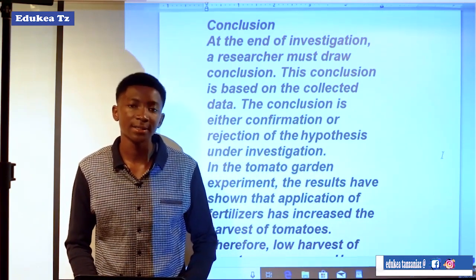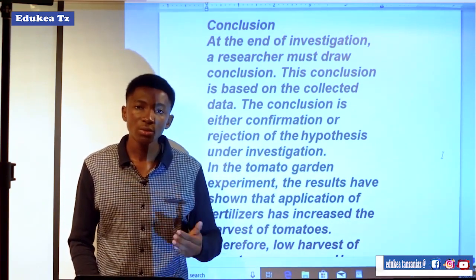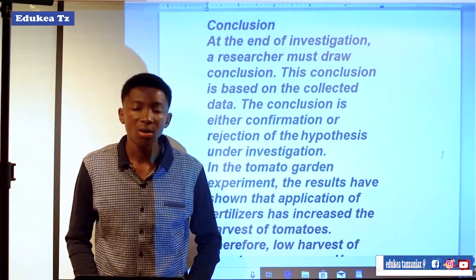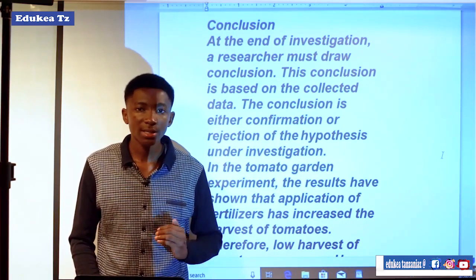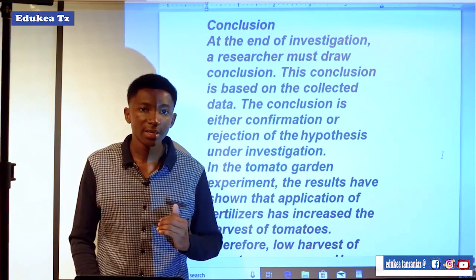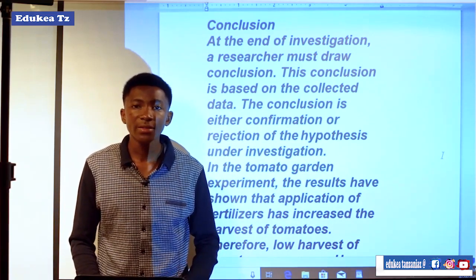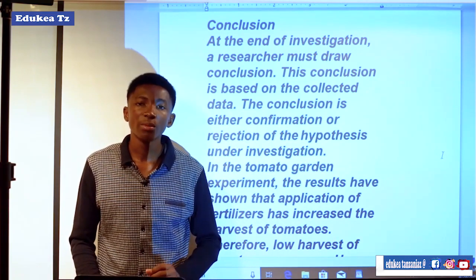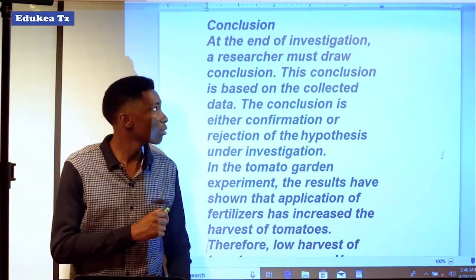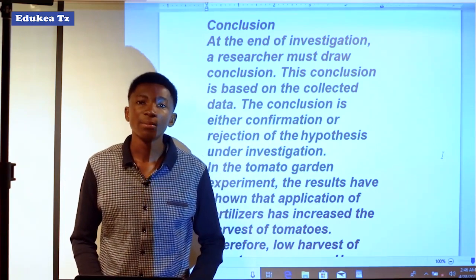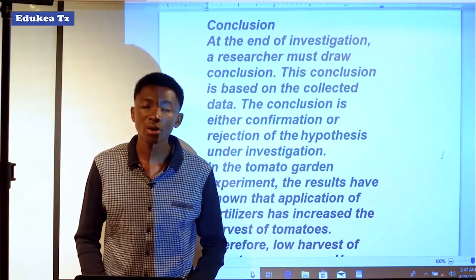As we said, if we are doing the experiment or scientific research, a scientific investigation, it is for finding the solution to problems. So the conclusion tells us if the problem has been solved or not.